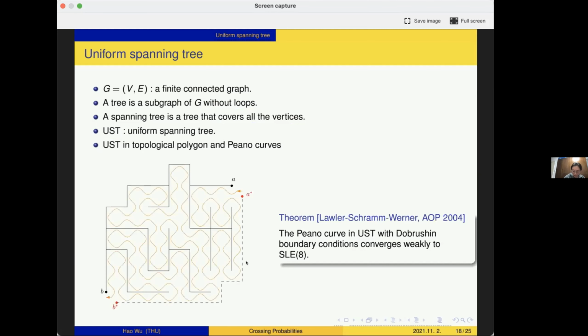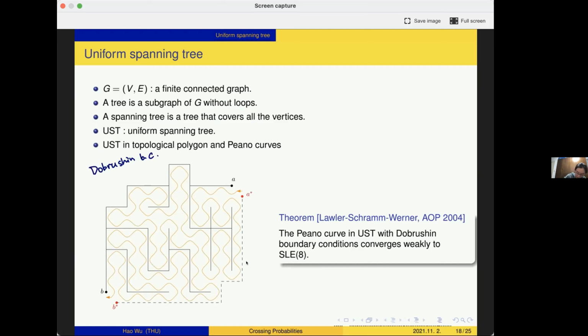Here is the first case considered for the uniform spanning tree in this setup. In the joint work of Lawler, Schramm and Werner in 2004, they considered the uniform spanning tree with Dobrushin boundary condition. The Dobrushin boundary condition is very similar to what happened before.